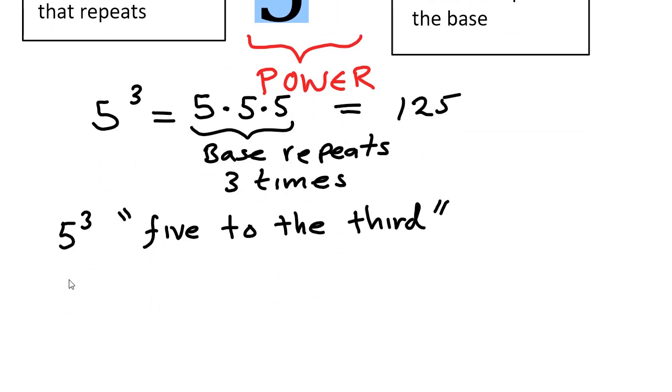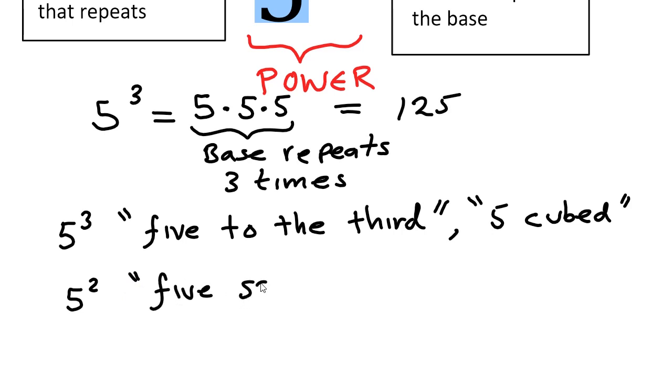Usually, when it comes to very specific exponents, such as exponent 2 and exponent 3, we have a very special name for those. So I could also say 5 cubed for exponent 3, and for 5 and exponent 2, then we get to say 5 squared. Okay, so we're squaring the 5, we are cubing the 5.